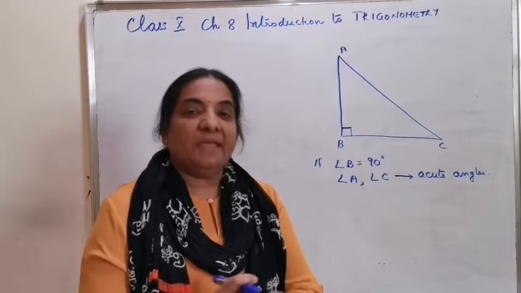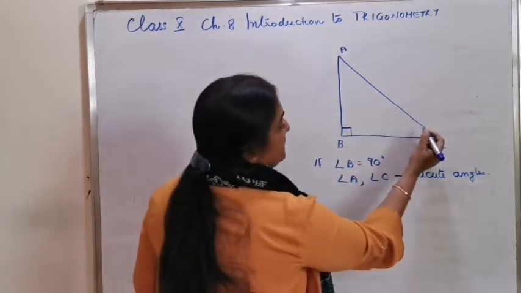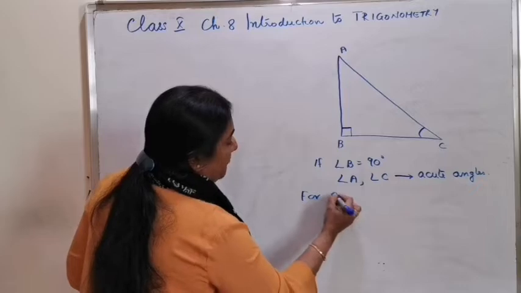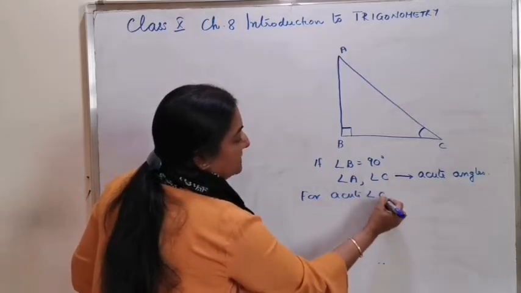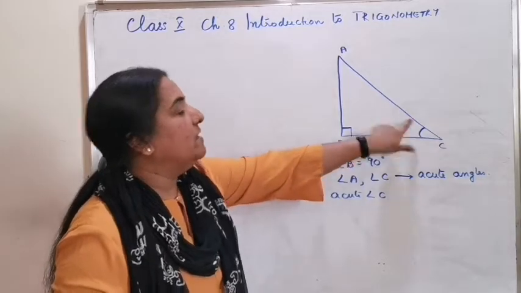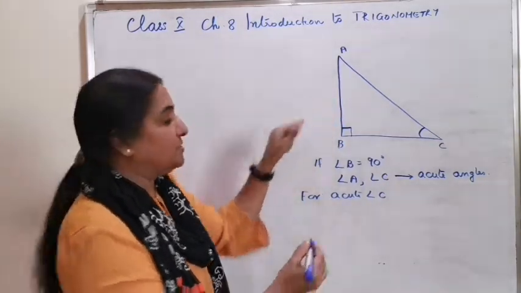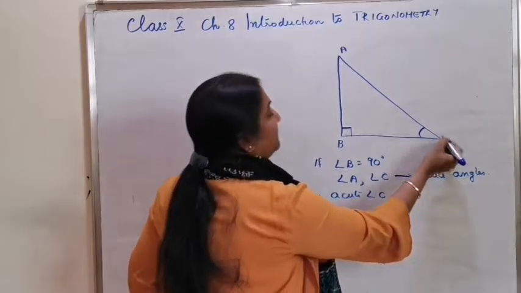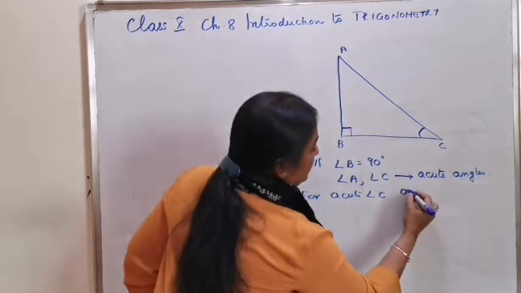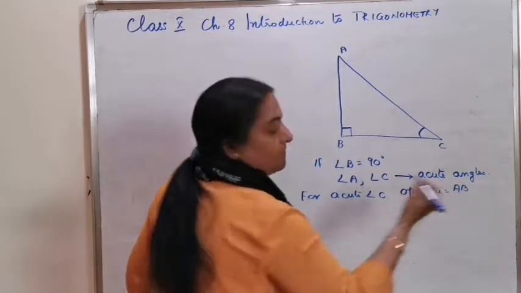And now, if we consider one of the acute angles, C, there is a side opposite to it. Which is the side opposite to it? For angle C, the side opposite to it is AB. That means its opposite side is AB.